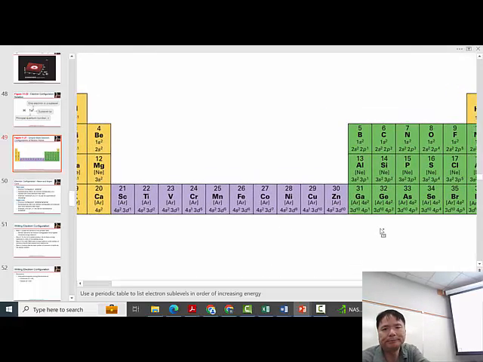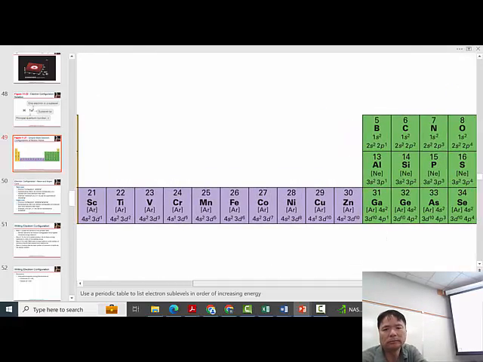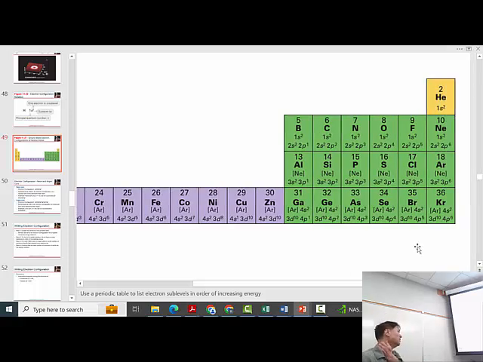Now, we can see that to fill up the shell here, we would need how many more? Well, to fill this up, we need 5 more, 4 more, 3 more, etc. But what if we have the 3d's in there?